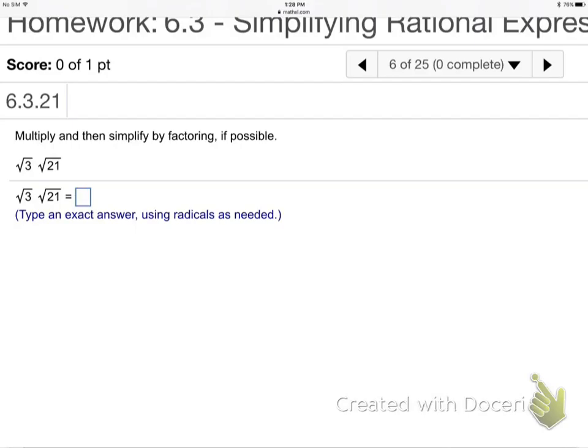Let's see. So square root of 3, square root of 21. There's nothing in the middle, so what does that mean really? It must be times. Now you could multiply those and get root of 63. But that wouldn't be helpful. If you multiplied those and got root of 63, it's not wrong, but it's not helpful, because what would you need to do with the 63 right away?